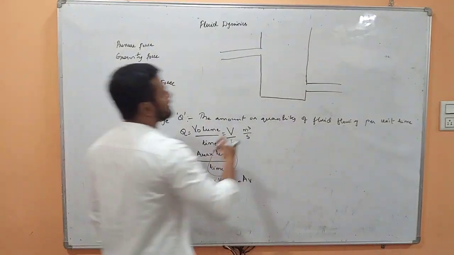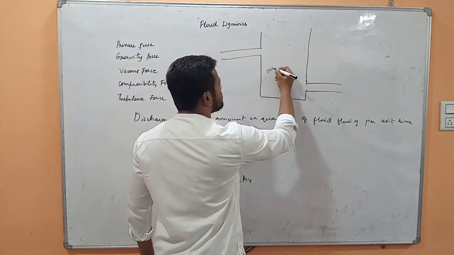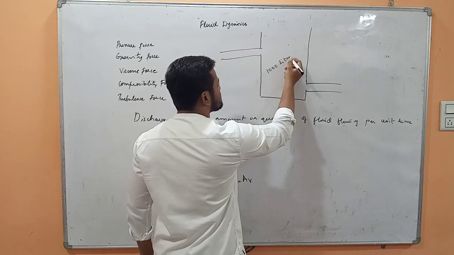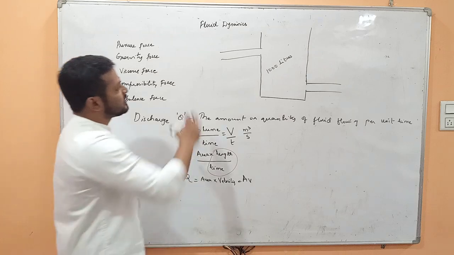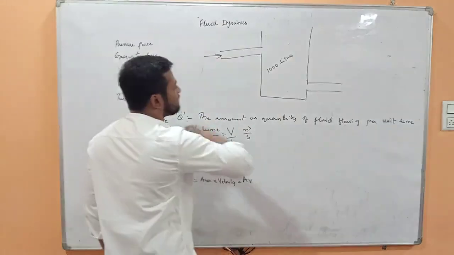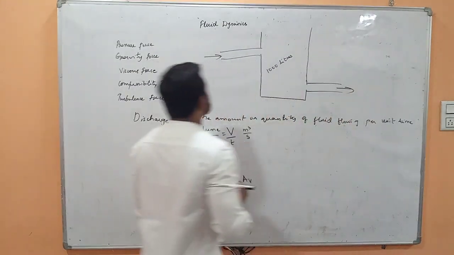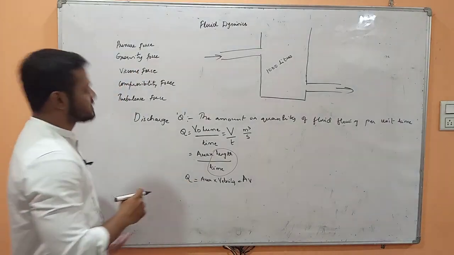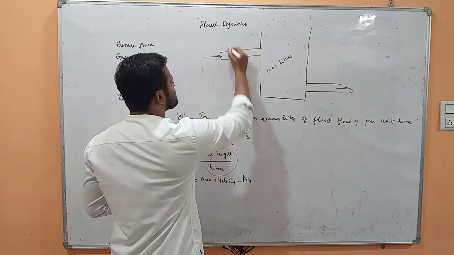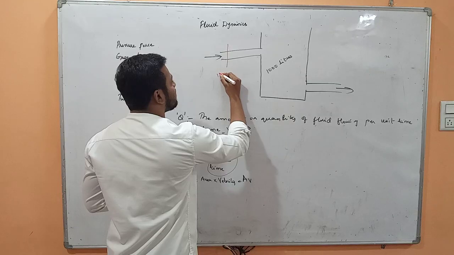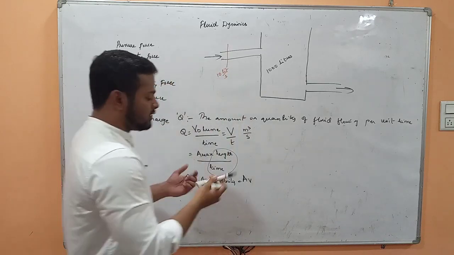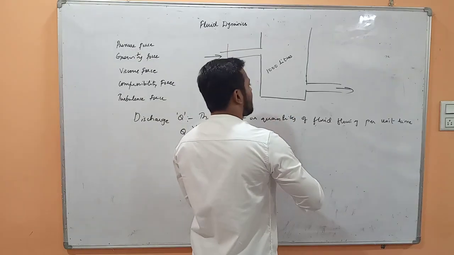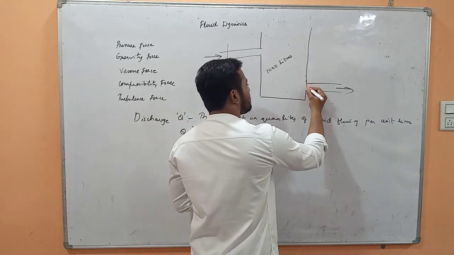Let's say that the capacity of this tank is 1000 liters, and this is the input pipe and this is the outlet. Let's say from the input you have a discharge of 10 liters per second, and the output is closed and I haven't opened it yet.